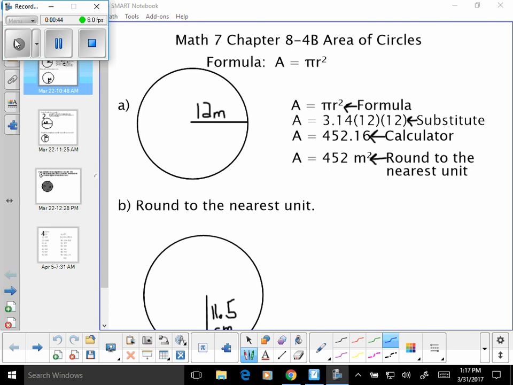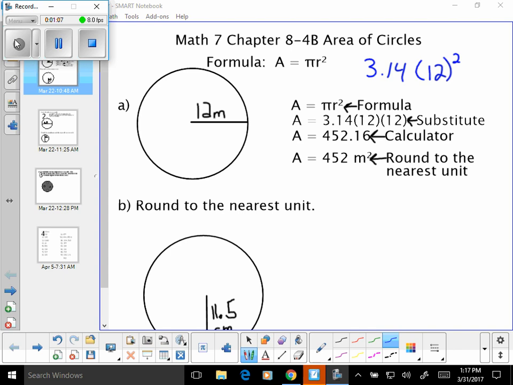I have a tendency to write it as 12 times 12. You could put 12 squared, or you could write it this way. And then you have an x squared key on your calculator, but that might just be kind of confusing, so I would just recommend that you try 12 times 12.